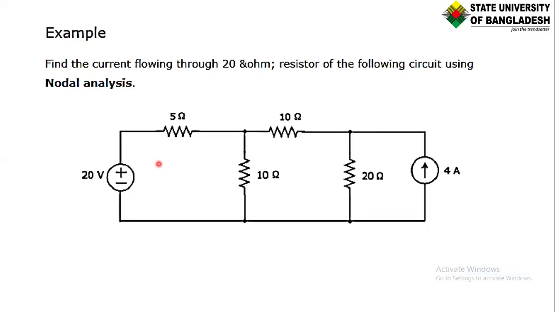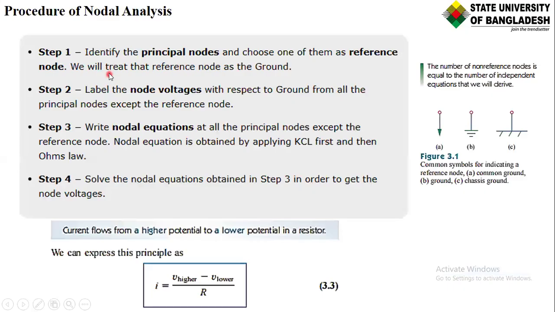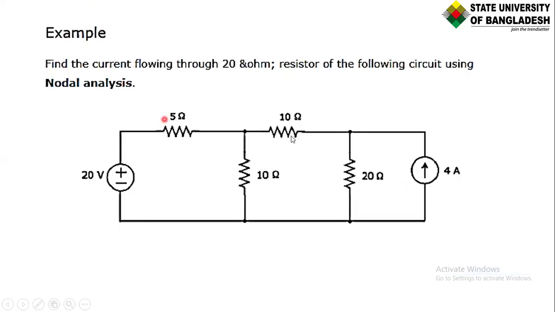We will apply the procedure as mentioned before, according to these steps, and then we will find out how to solve this. At first, in the circuit, you have to find the nodes and label the node voltages. So let's do it.